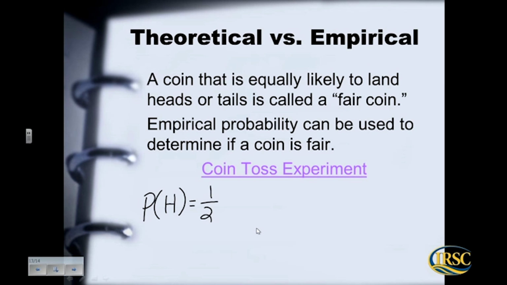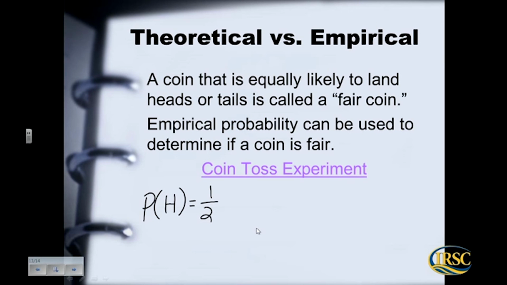So as I flip, I got heads, tails, heads, tails. It's actually a very fair coin so far.